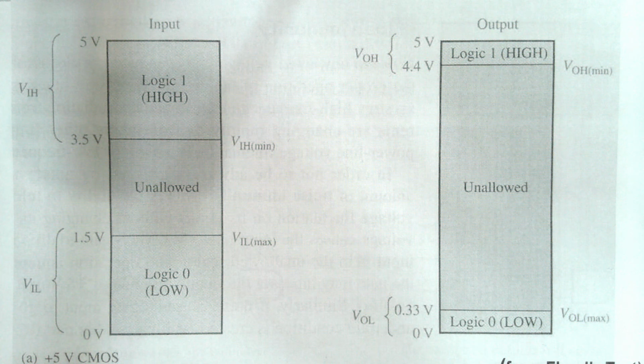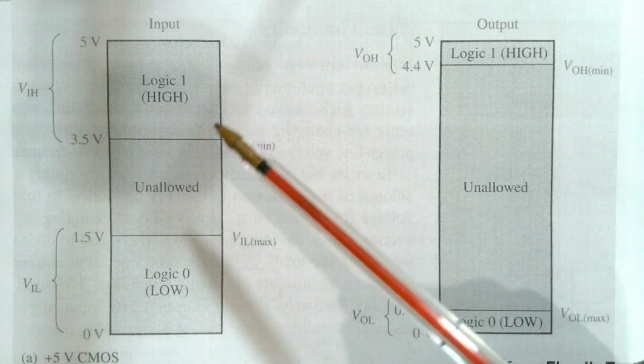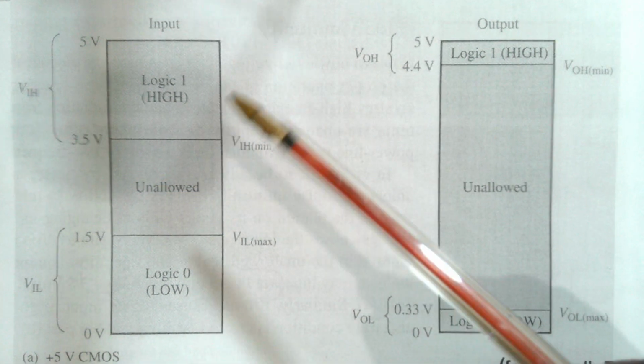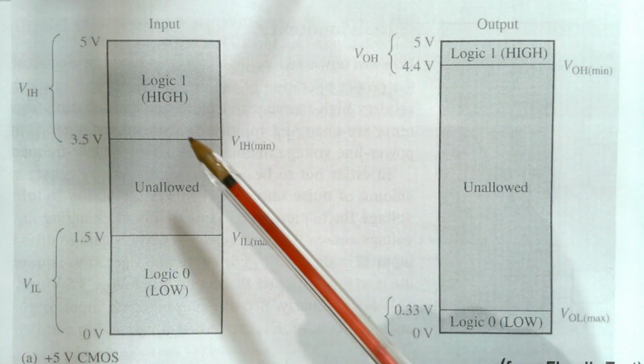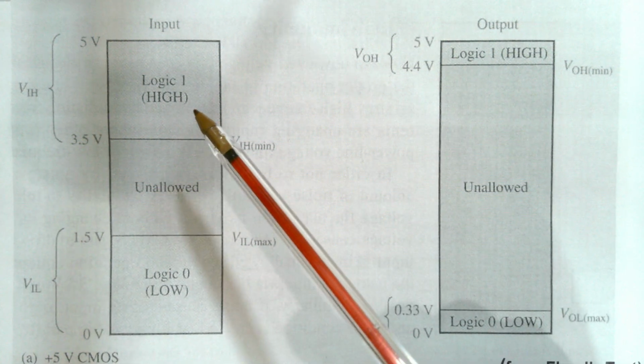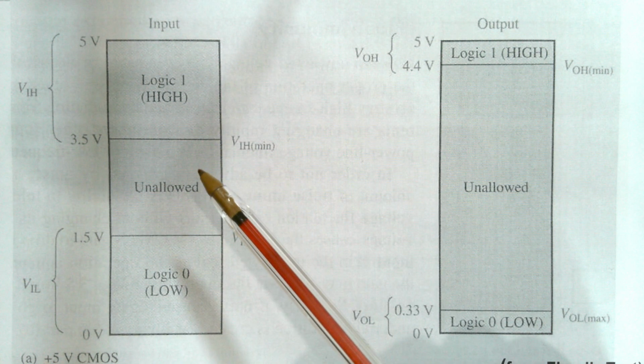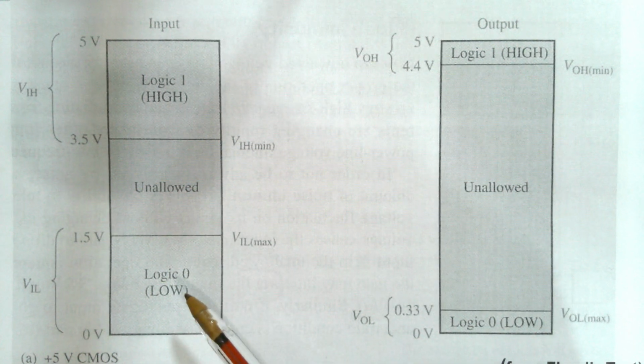Okay, so this diagram gives us the input and output logic levels for plus 5 volts CMOS technology. We see the 4 logic levels we spoke about previously: VIH, VIL, VOH, and VOL. Let's first look at the input side. We have a range of voltages which will be interpreted by the technology as a logic 1 or a high. We also have a range of voltages which would be seen as a logic 0 or a low.